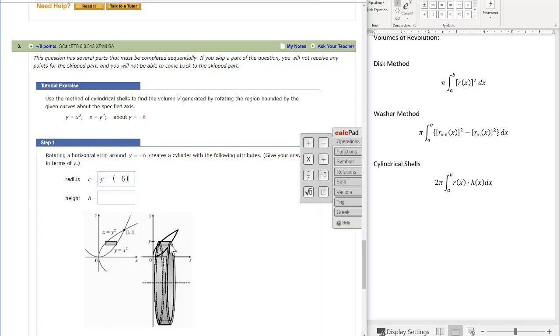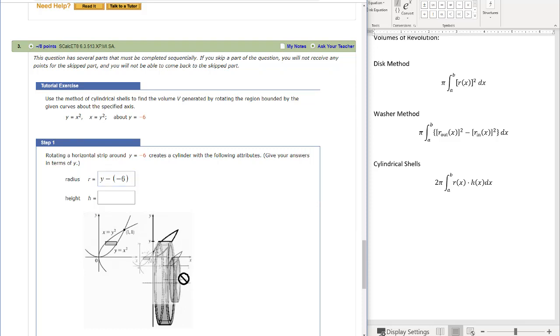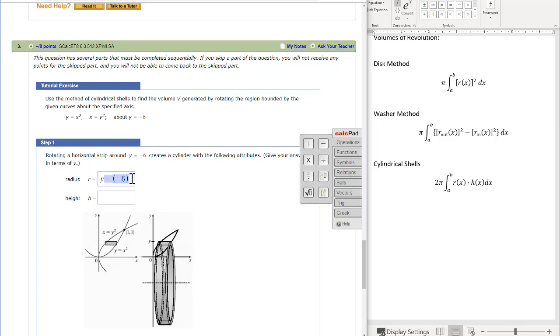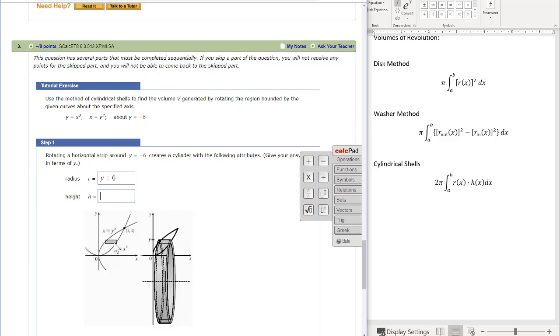If you look at that as just a geometry problem, we have a distance from this line to the x-axis as 6 and then another y value. So this is the same thing as 6 plus y, or y plus 6. Now the height is going to be the difference between these two graphs, and if you tilt your head to the right, the larger graph is going to be the parabola, y is equal to x squared.